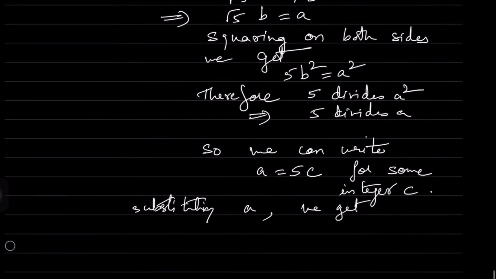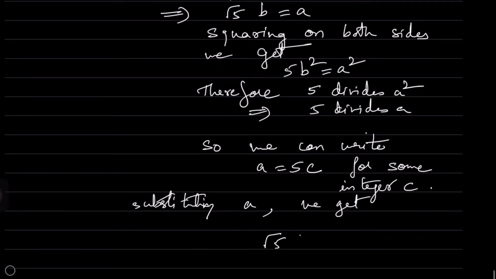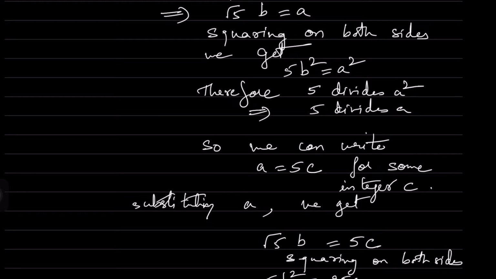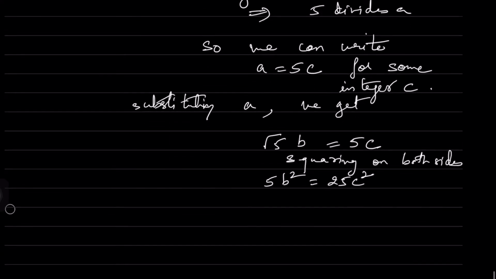So substituting a, we get root 5b is equal to 5c. Squaring on both sides, we get root 5b whole square is equal to 25c square, or 5b square is equal to 25c square, which implies b square is equal to 5c square.